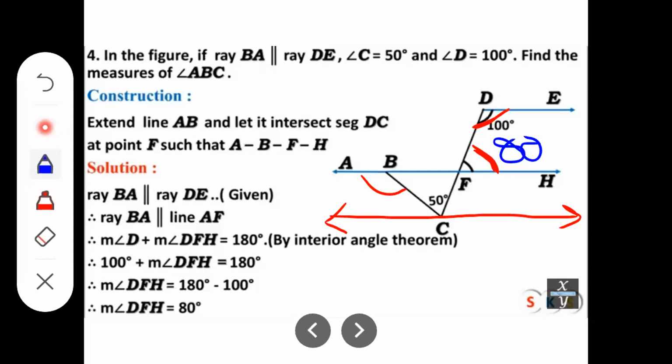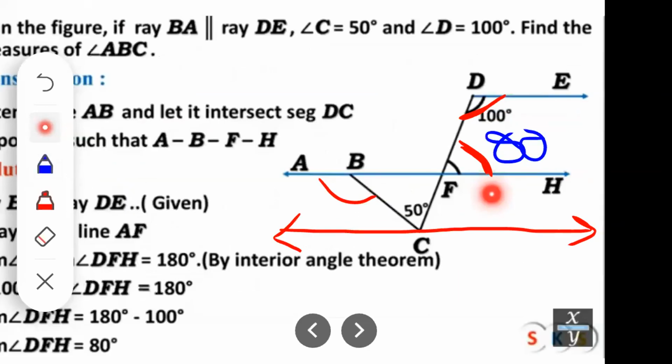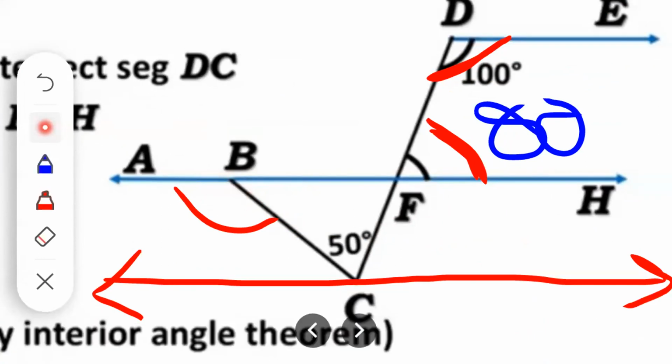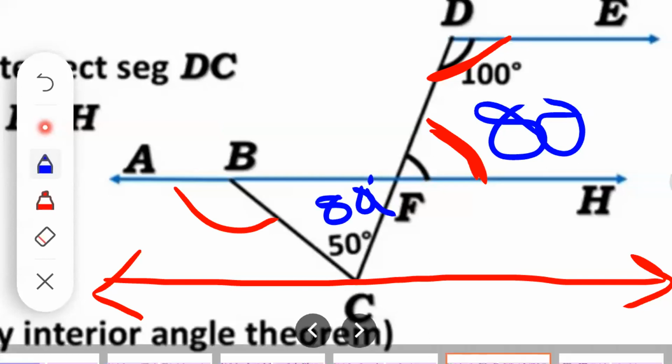Now if that value is 80 degrees, just wait, what do we have to find here? Angle ABC. If this angle F is 80 degrees, then this angle is 80 degrees by the vertically opposite property.